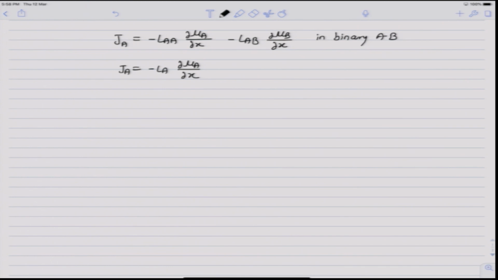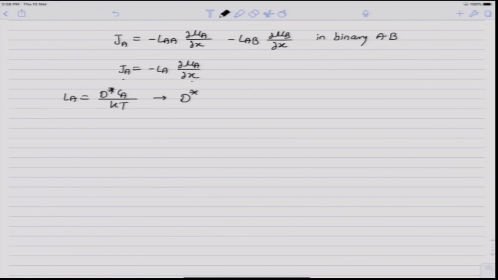La here is the kinetic coefficient that relates the flux of component A with the chemical potential gradient of A. We have seen this La is given in terms of d star times Ca over kT.